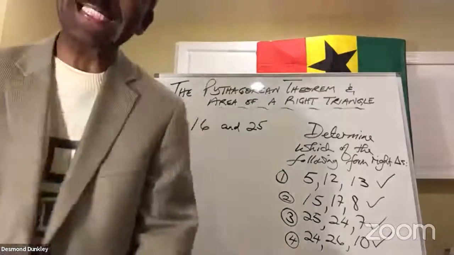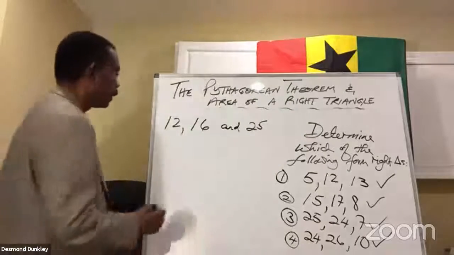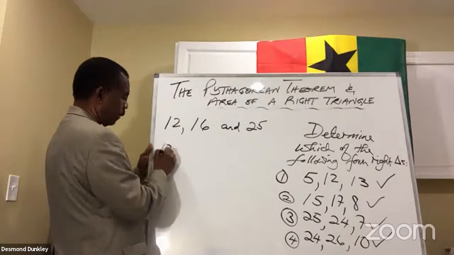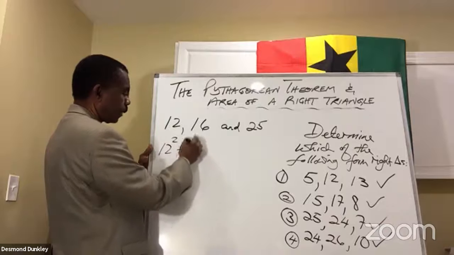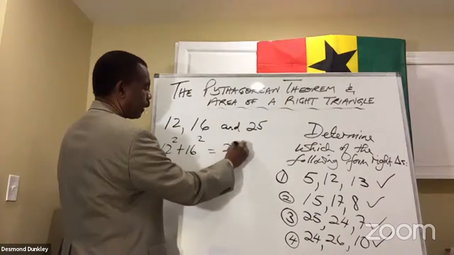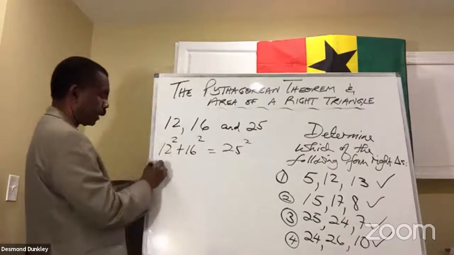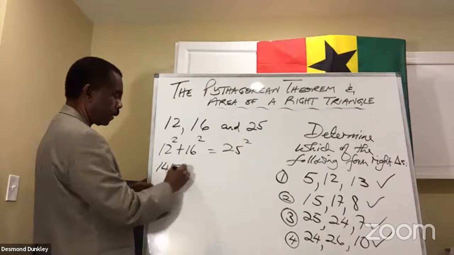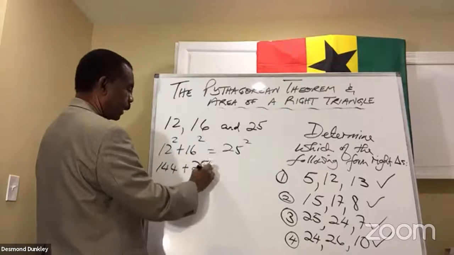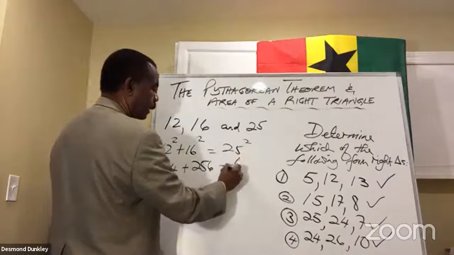Do those three sides form a right triangle? Well, let's check it out. 12 squared plus 16 squared is equal to 25 squared. We go 12 squared is 144, plus 16 squared is 256, 25 squared is 625.